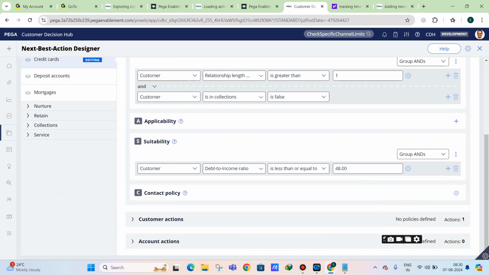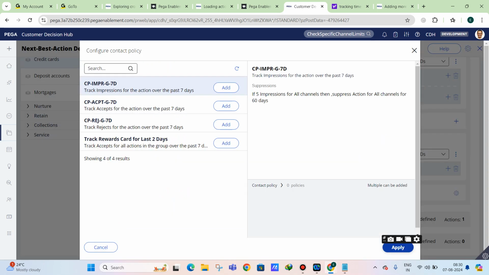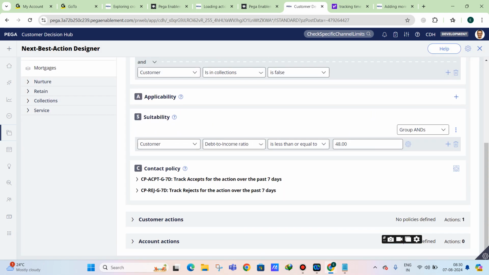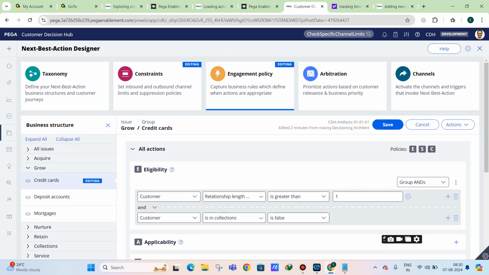If you are adding the suppression rule here, then it will apply for all the actions that are present in that particular group. Regardless of the action, this particular suppression rule will be applicable for all the actions in that group.